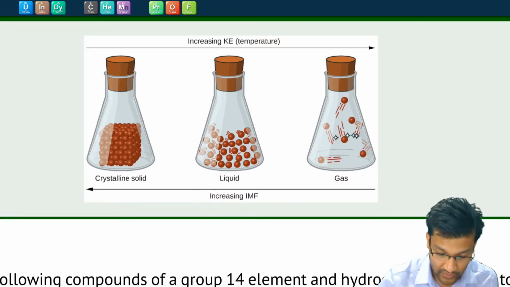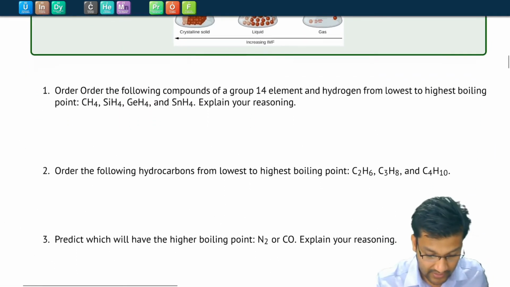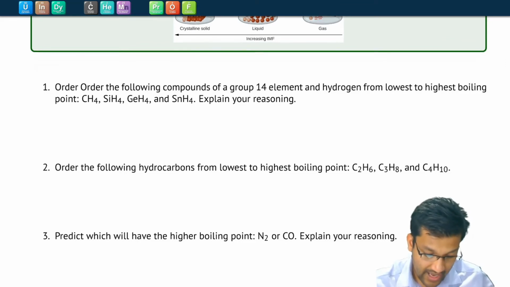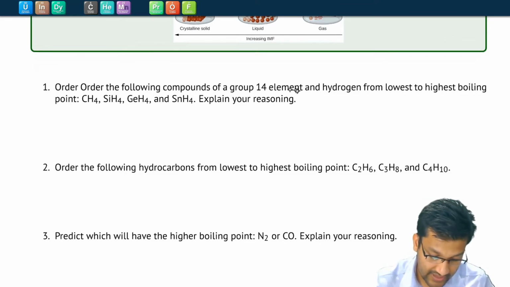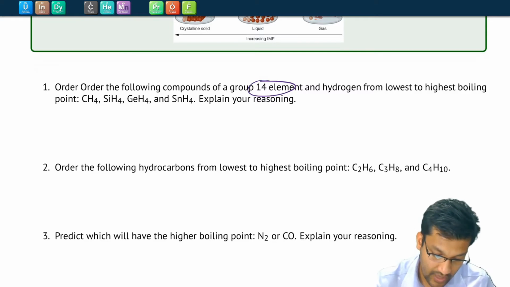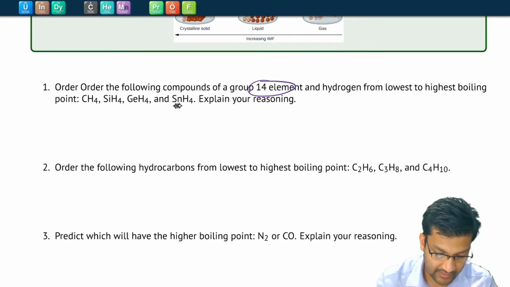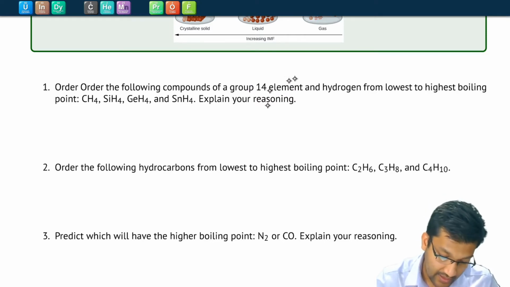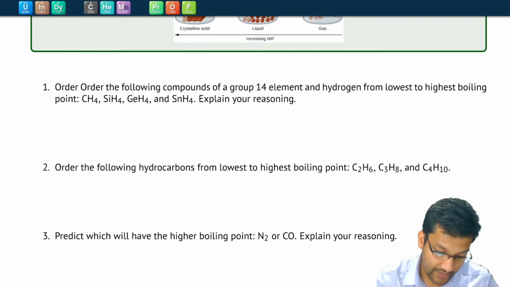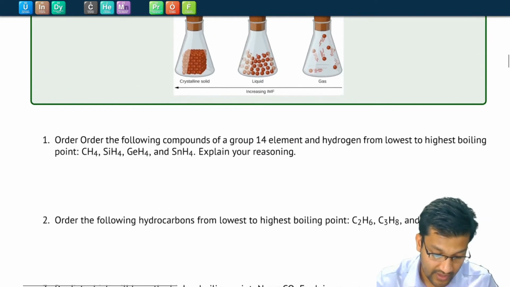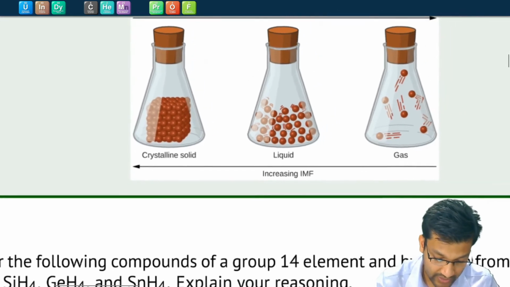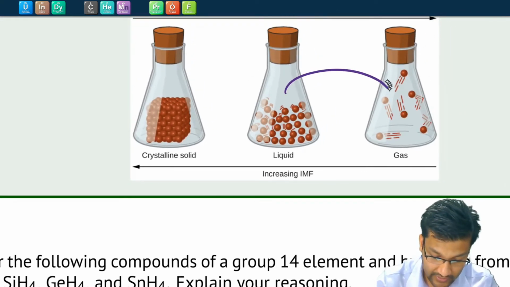So let's look at a few examples. Let's look at number 1, where we have group 14 elements bonded to hydrogens. We have CH4, SiH4, GeH4, and SnH4. And the question here is, let's try to order them from lowest to highest boiling point. Remember, boiling is going from liquid to a gas.